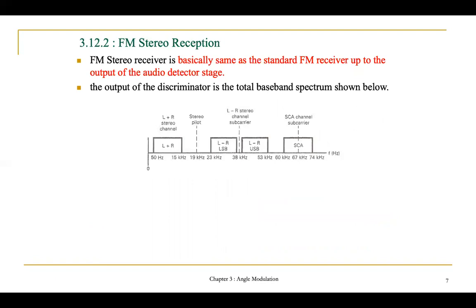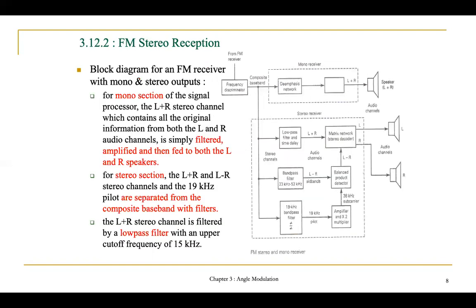So the next subchapter is the FM stereo reception. Basically the FM stereo receiver is the same as the standard FM receiver up to the output of the audio detector stage. This is the block diagram for an FM receiver with mono outputs and stereo outputs.